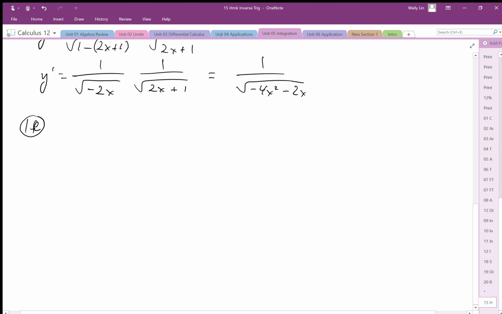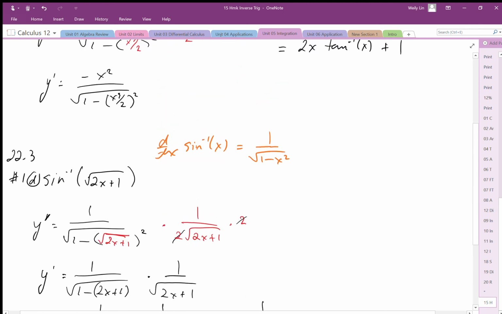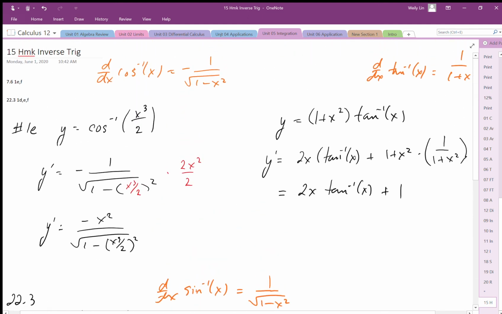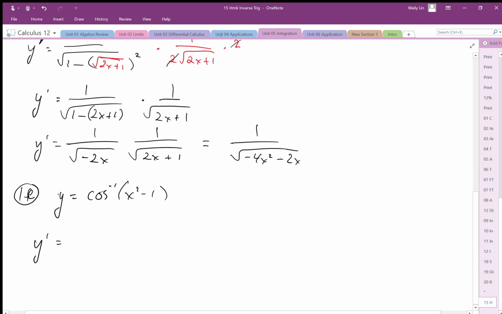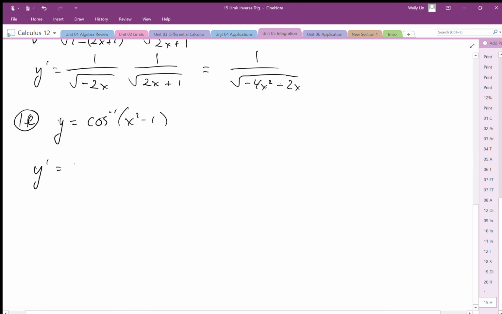Okay, number 1, E. It's the arc cos, so y equals the arc cos of x squared minus 1. So again, we want to go to our formula. Our formula is this one here, so it's negative 1 over square root 1 minus x squared.